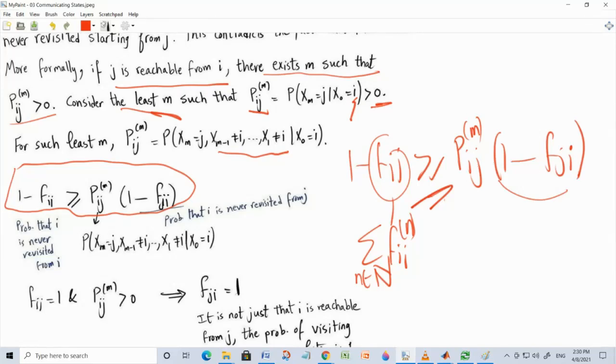So basically this inequality is a general inequality.